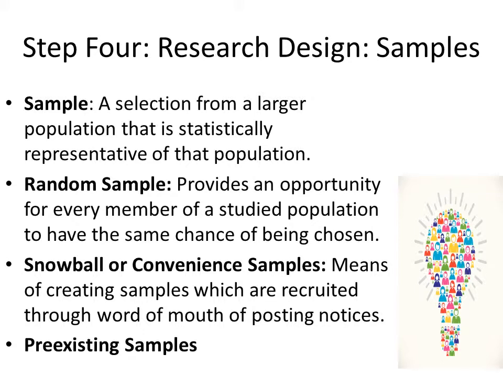Snowball or convenience samples may be the only means of creating a sample, which recruit through word of mouth or possibly posting notices on the internet. Another means of selecting a sample is done by randomly selecting subjects from an already established sample collected through reliable and consistent means, such as the Bureau of Census, which surveys thousands of households across America.